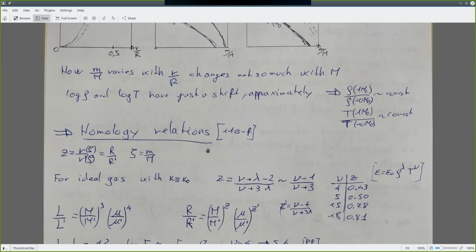Usually we start by considering the equation of state for the gas, the opacity, what kind of law the opacity follows, and the energy production rate with respect to density and temperature.